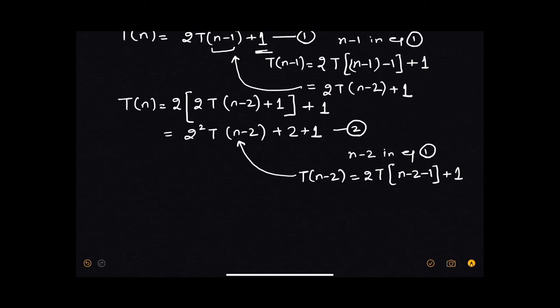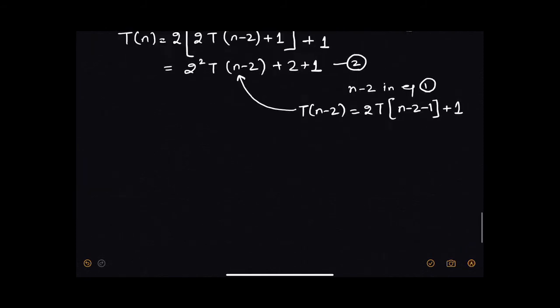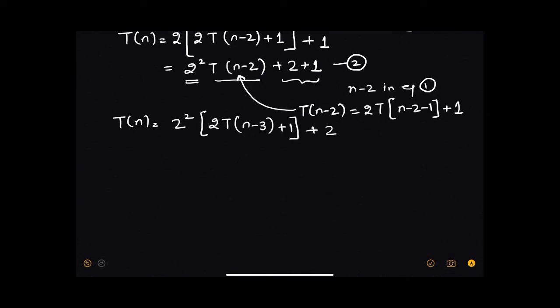Substituting this, we get T(n) = 2 squared (2T(n-3) + 1) + 2 + 1. What is remaining, 2 plus 1, I write as it is. Solving it, it becomes 2 cube T(n-3) + 2 squared + 2 plus 2 raised to 0. This is my equation 3.